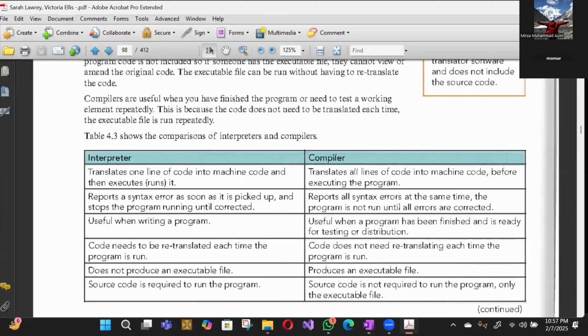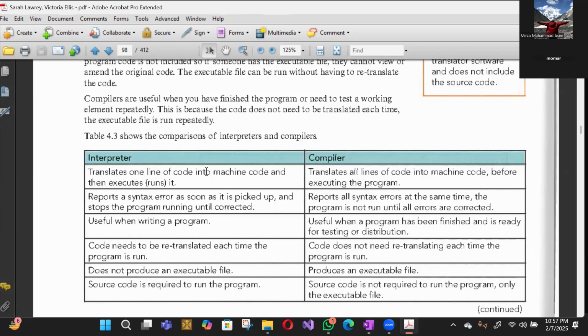Comparison, compiler and interpreter. The very first one: an interpreter translates one line of code into machine code and executes it. We are done with it, I told you about this. Whereas a compiler translates all the lines of code in one go, before executing the program. An interpreter reports a syntax error as soon as it picks up the error.